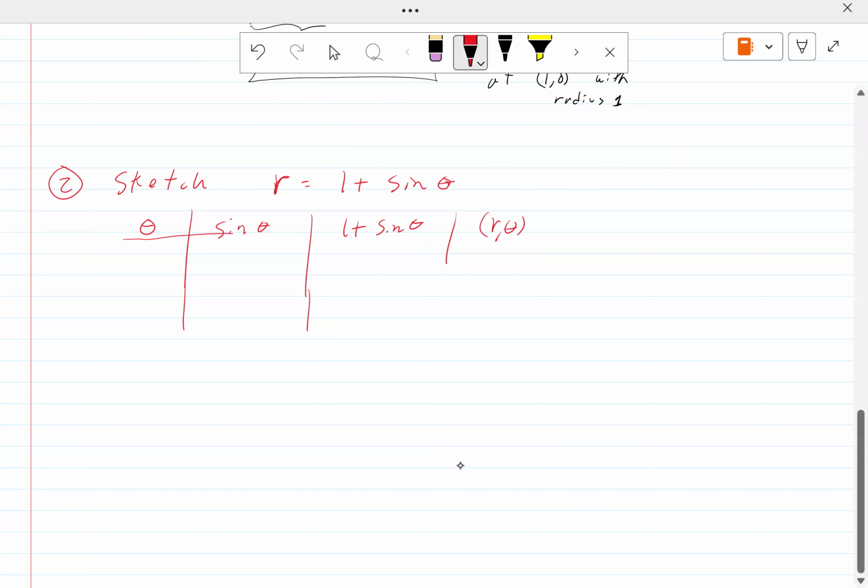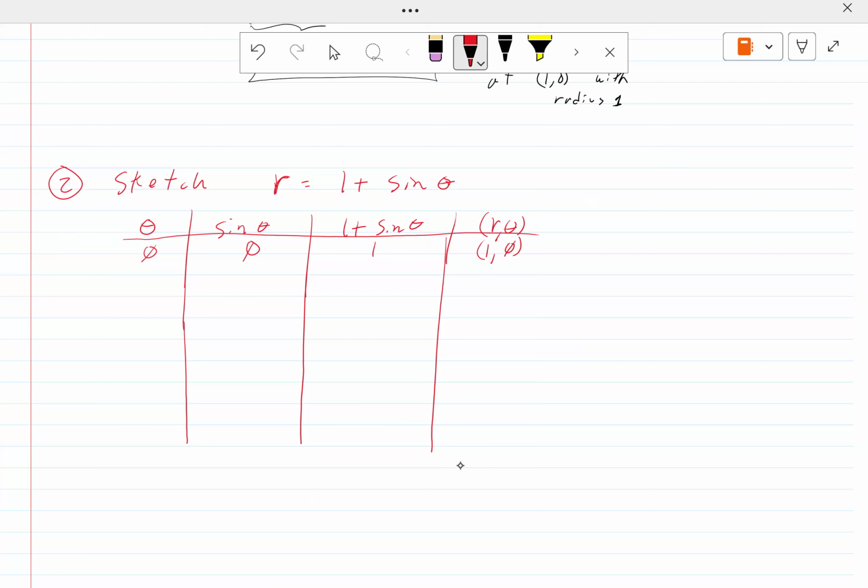I'm going to have 9 data points here. So let's start at 0. The sine of 0 is 0. 1 plus 0 is 1. So this is going to be 1, 0. Okay, good.